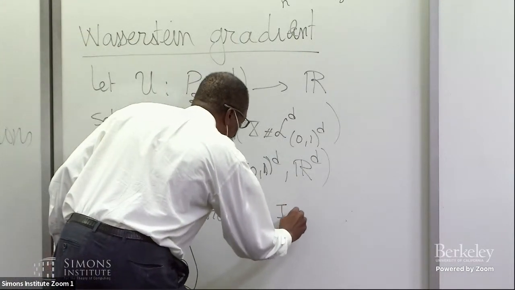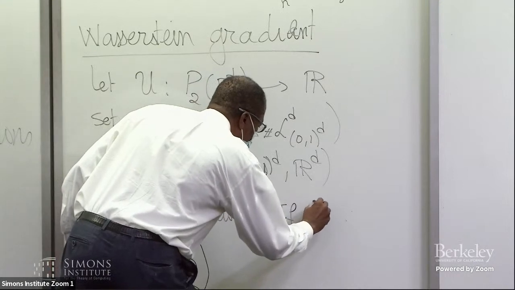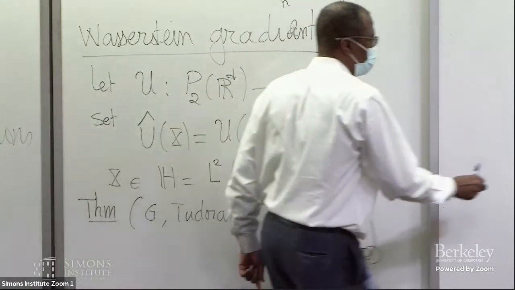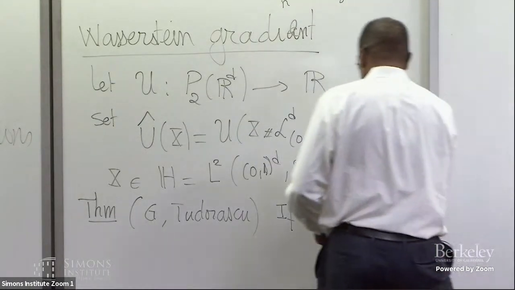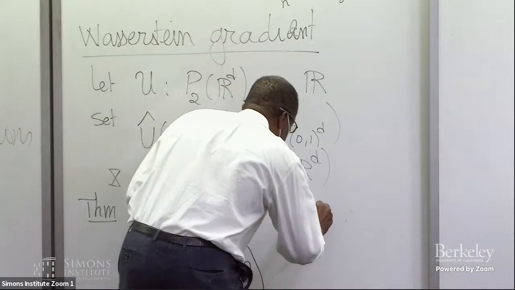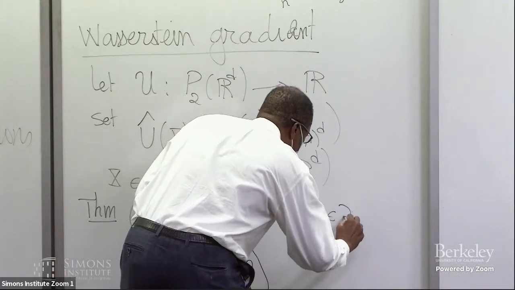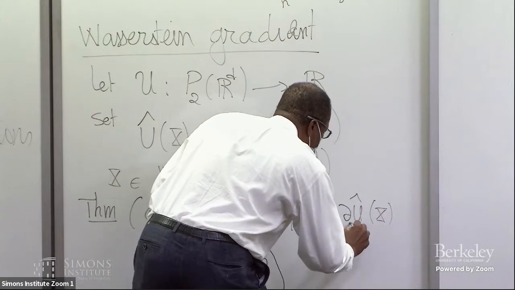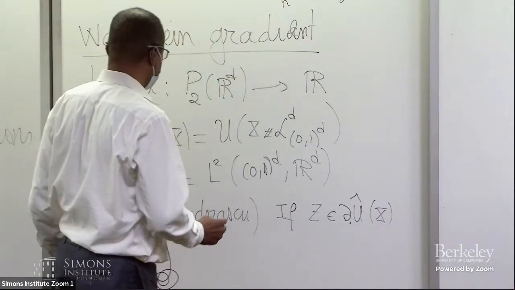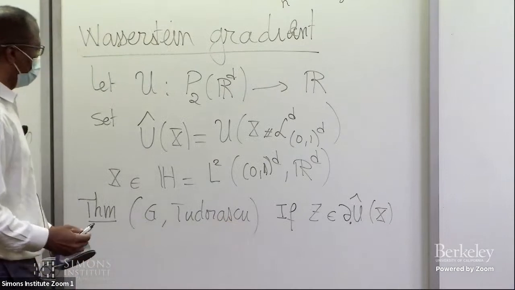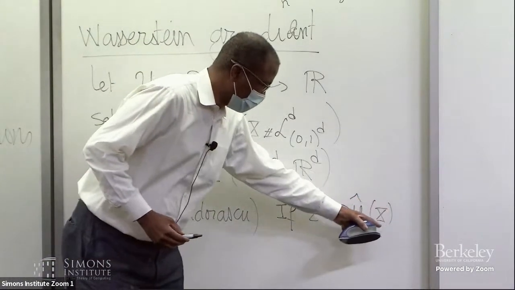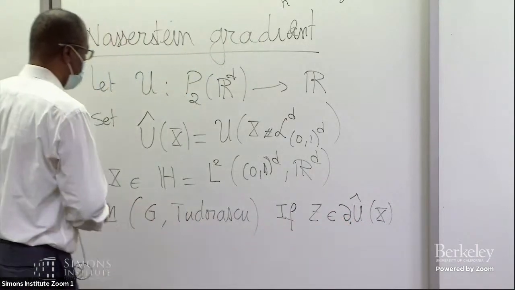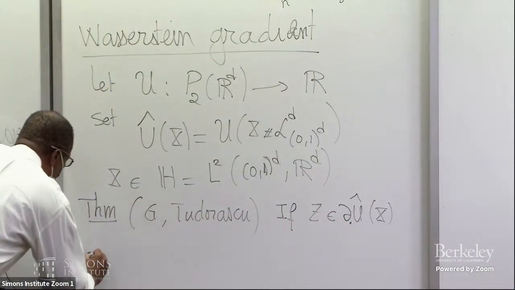If zeta is in the subdifferential of U hat at X, so one can check that when this set is non-empty, it is a convex set, is of minimal norm.